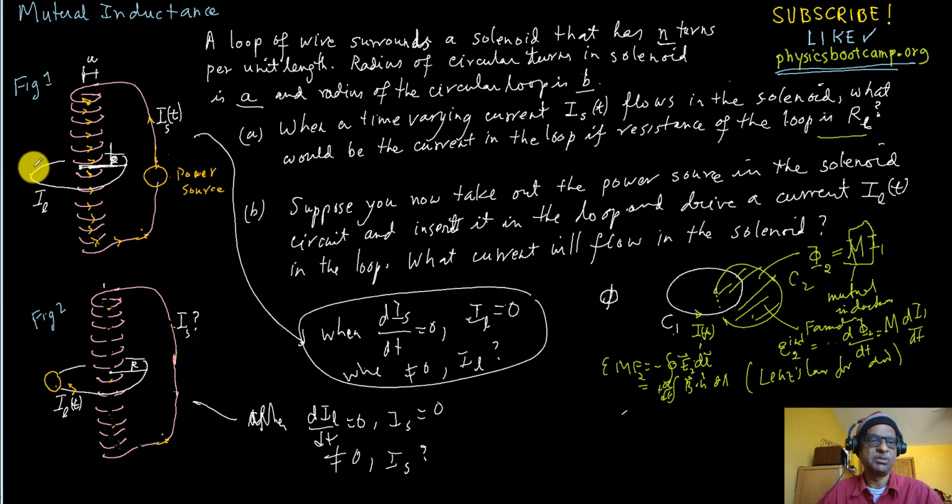If I know how much EMF is induced here, I can get the current inside there. Then we can work it out the same way over here. If, while doing the second one, you wanted to use some resistance of the solenoid, R_S, that would be fine.